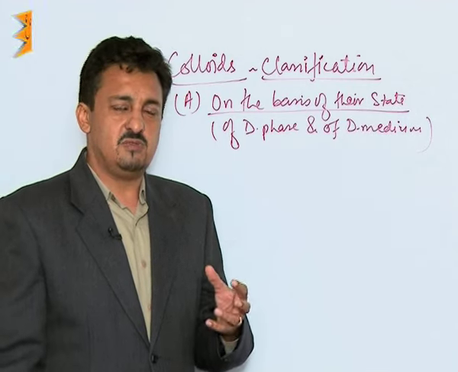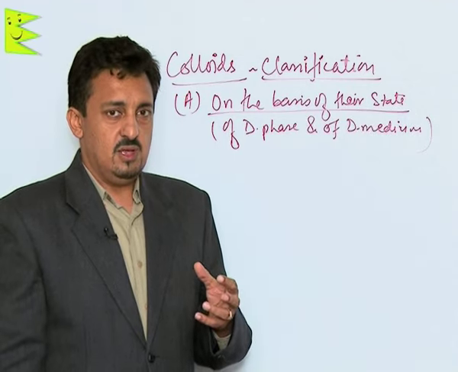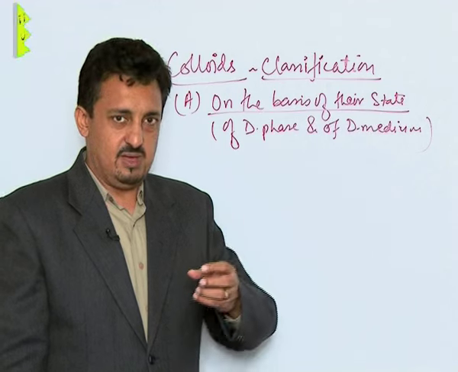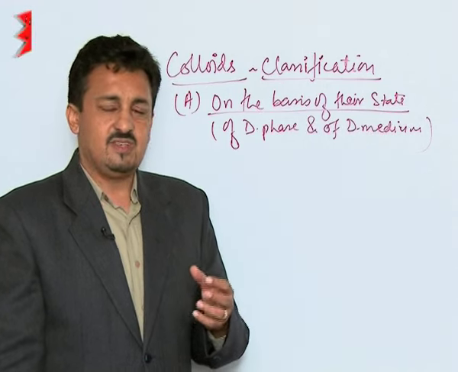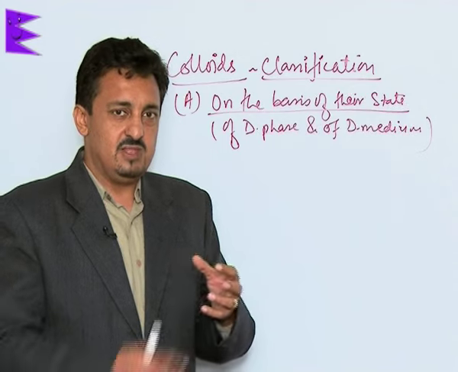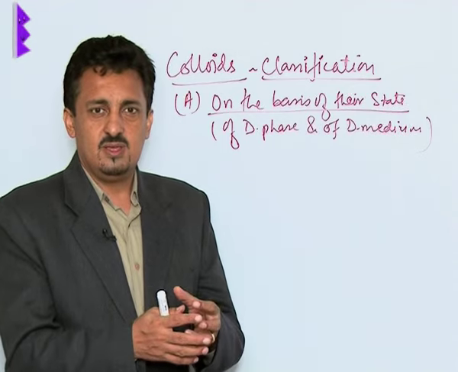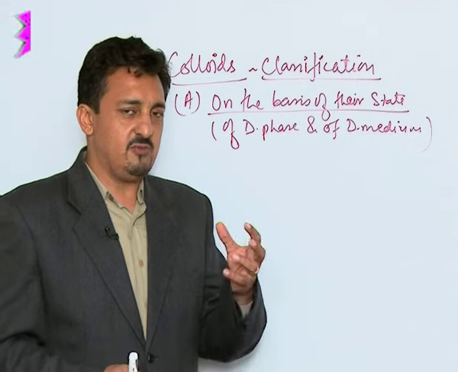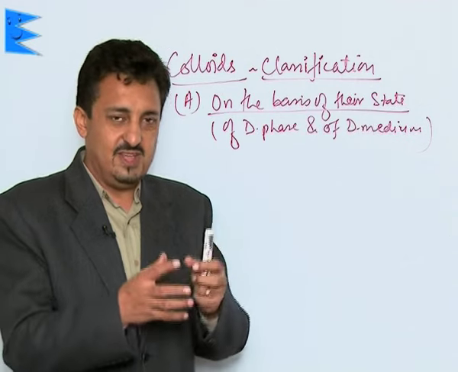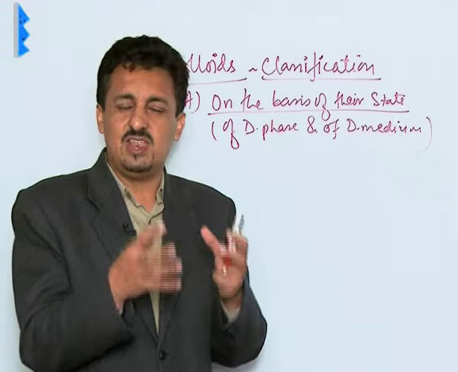In a normal solution we have particles which are either ions or small molecules which get easily mixed up in the medium, which is called the solvent, and their size is very small. Whereas in a colloid, the particles which get dispersed are of very large size.